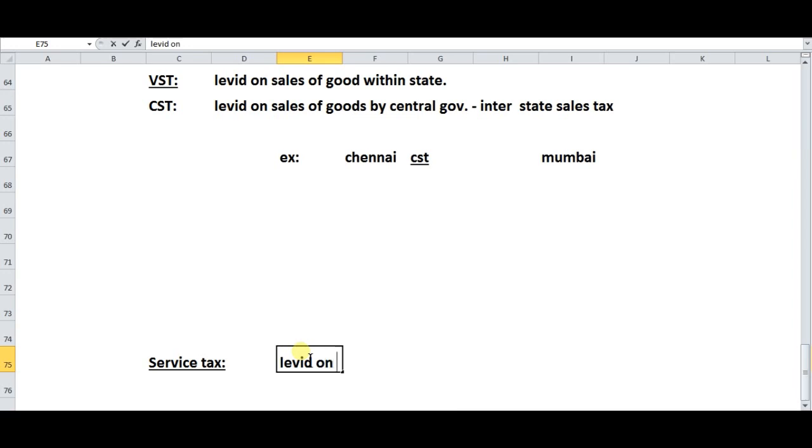Service tax is levied by the central government.